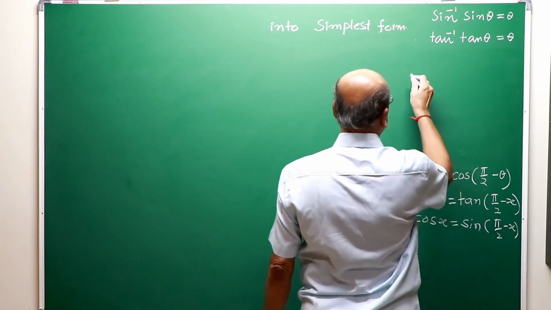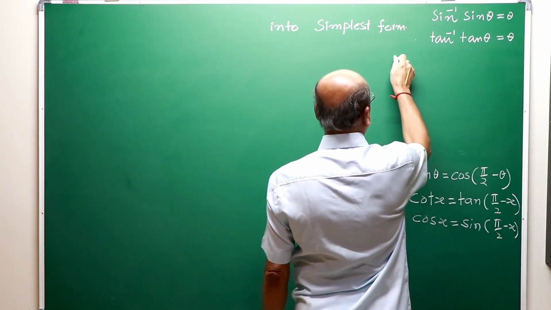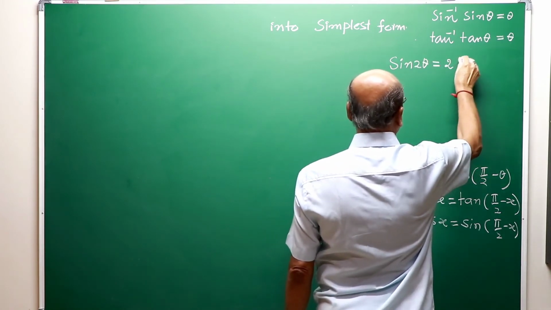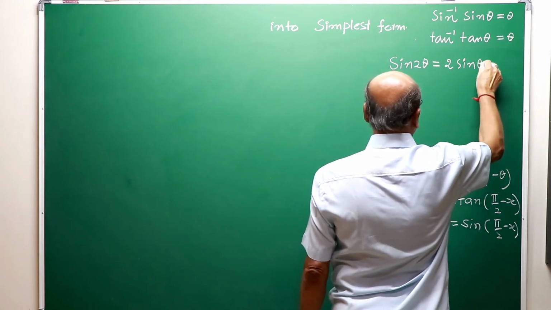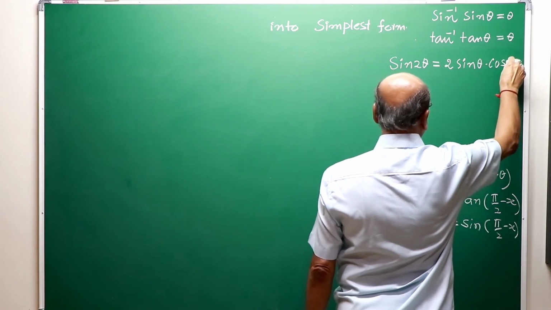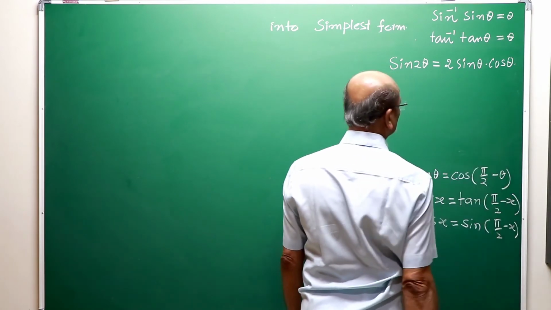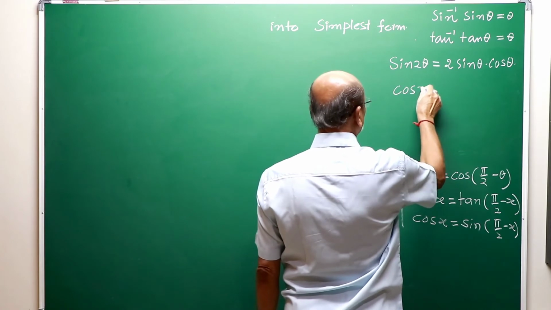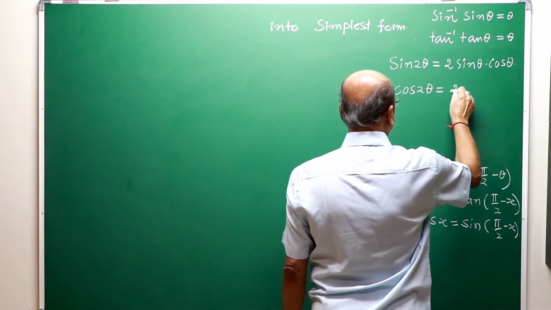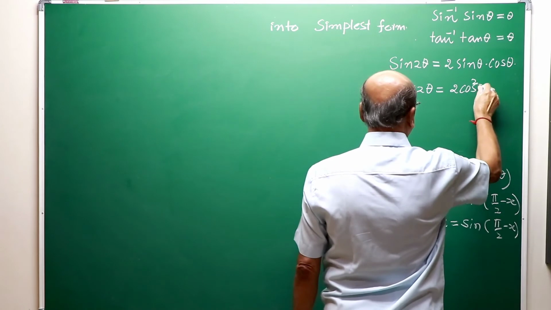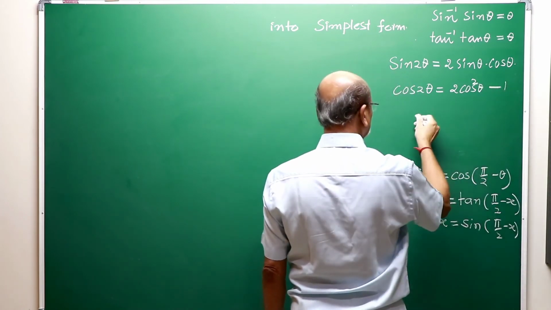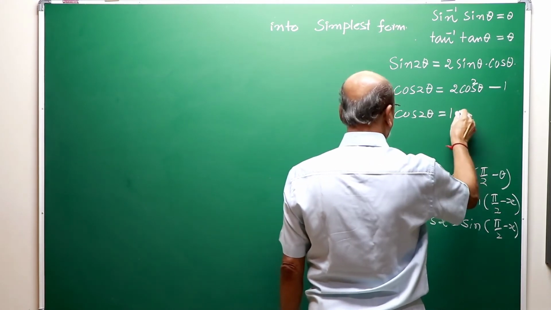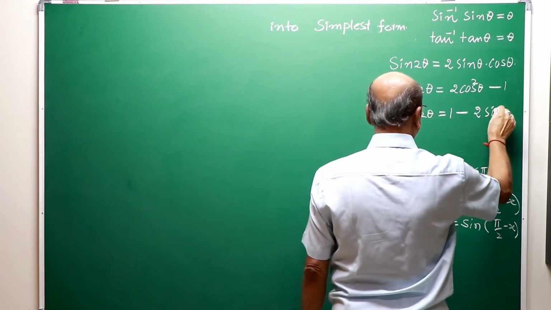It is sine 2a or sine 2 theta. Sine 2 theta is 2 sine theta into cos theta. By making use of this, we do one example. Another one, similarly, cos 2 theta is 2 cos square theta minus 1, and the same thing, cos 2 theta is 1 minus 2 sine square theta.